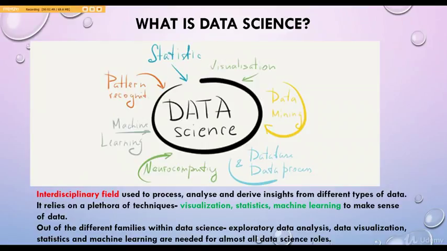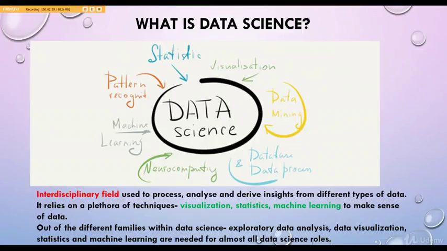Now out of the different families and topics within data science, for a lot of people, they work with databases and data processes and that makes them data scientists. Fair enough. But out of all of these families within data science, some families such as exploratory data analyses, data visualization, statistics and machine learning are needed for almost all data science roles.